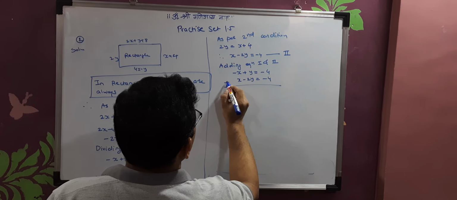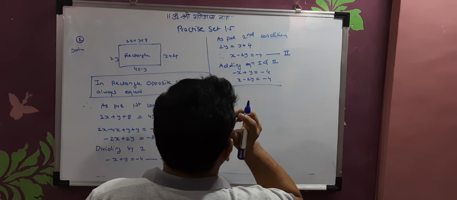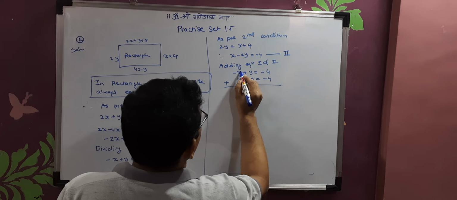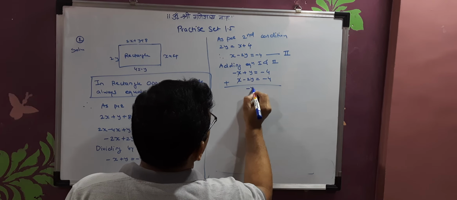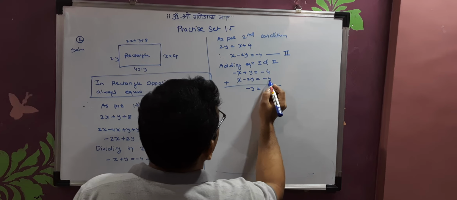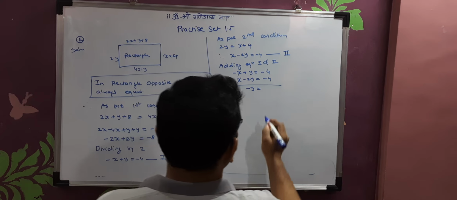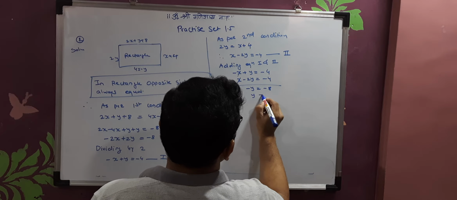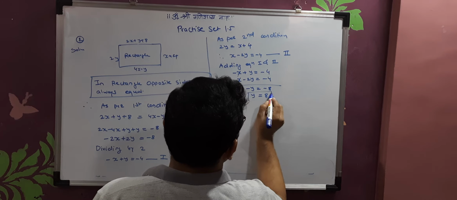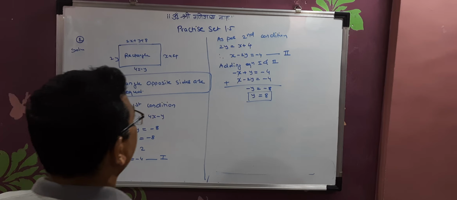So adding, the x gets cancelled, y minus 2y means it will become minus y, and minus 4 minus 4 means minus 8. So y is equal to 8. You got the value of y is equal to 8.